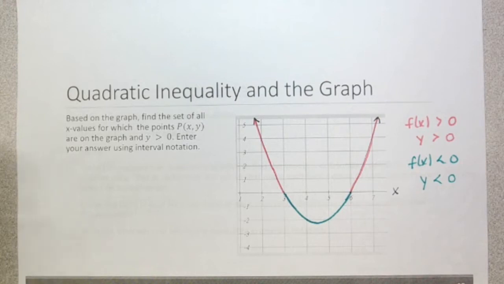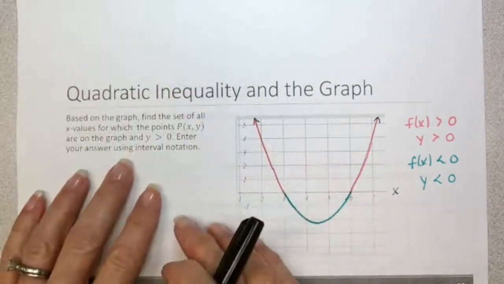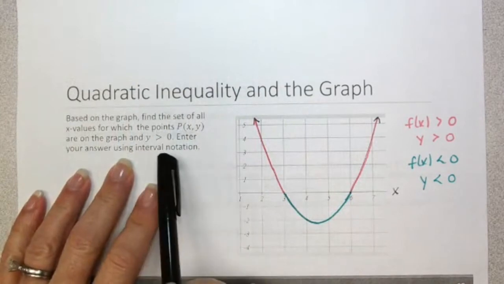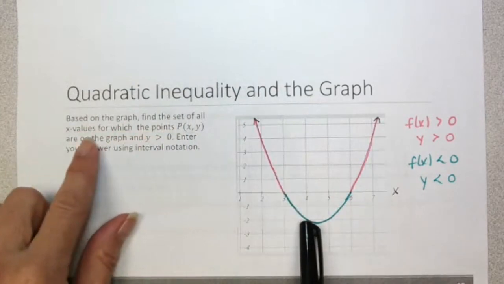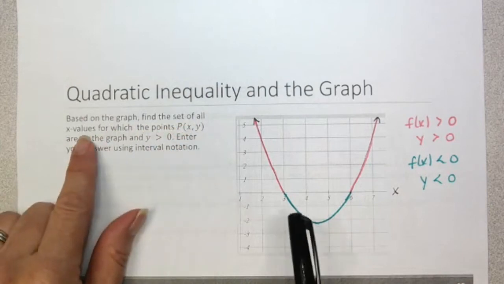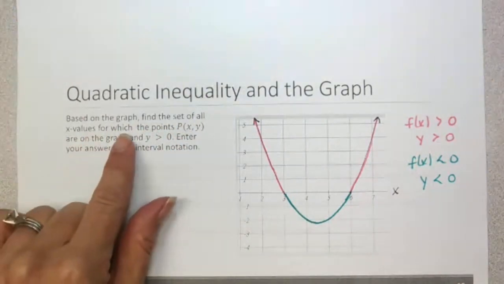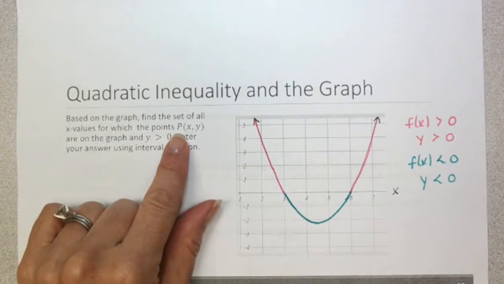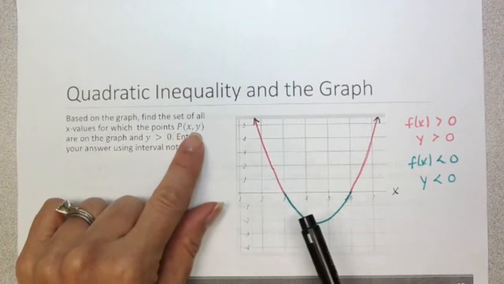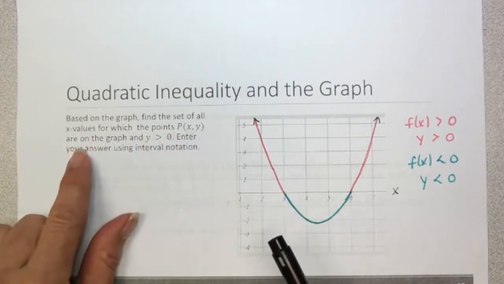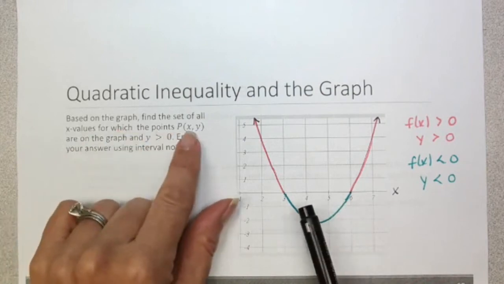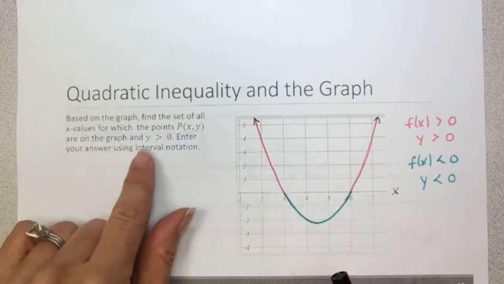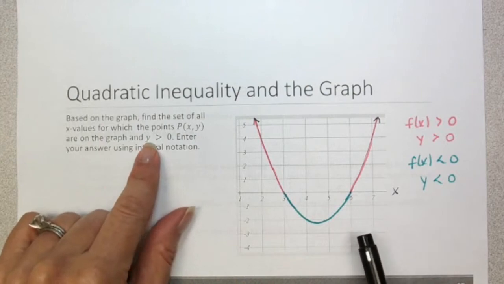Okay, so this example here says, based on the graph of this quadratic function, find the set of all x values for which the points, any point on the graph with an x and y coordinate, are on the graph and y is greater than 0.